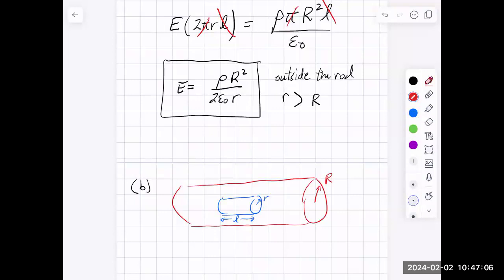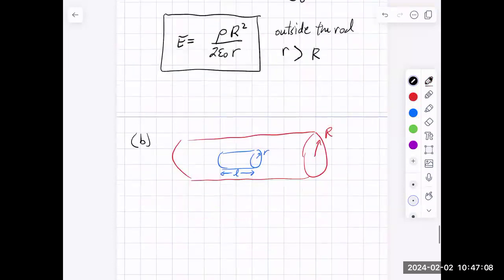One of the beautiful things about this is that we've already done the integral. Nothing changes about the integral of E dot dA. It's still true that the side pieces contribute nothing. The curved surface does contribute something, but it still is just going to be E times the area of that curved surface.